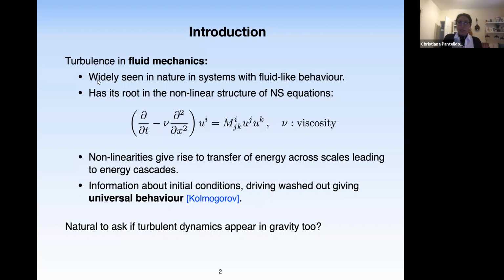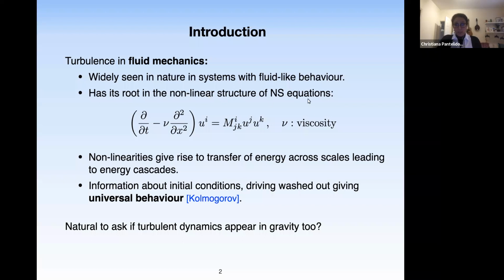Now, the majority of the studies that have been done about turbulence in fluids focused on non-relativistic fluids, where the dynamics are essentially captured by the so-called Navier-Stokes equation. One of the most fundamental conclusions that these studies reached was that turbulence is deeply rooted in the nonlinear structure of these equations.